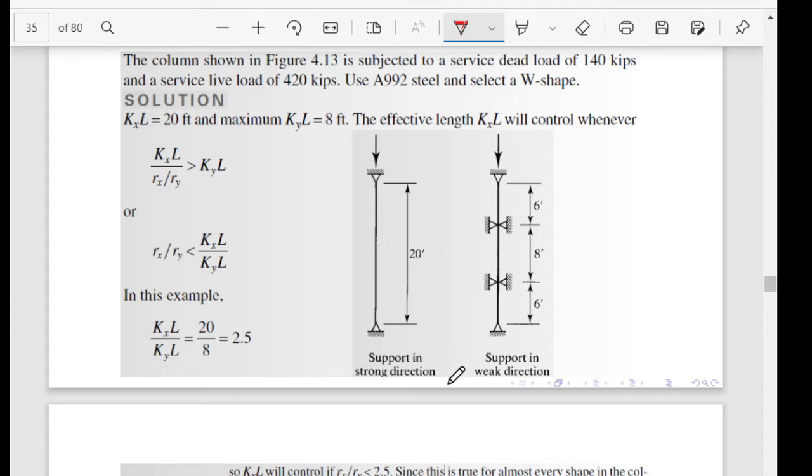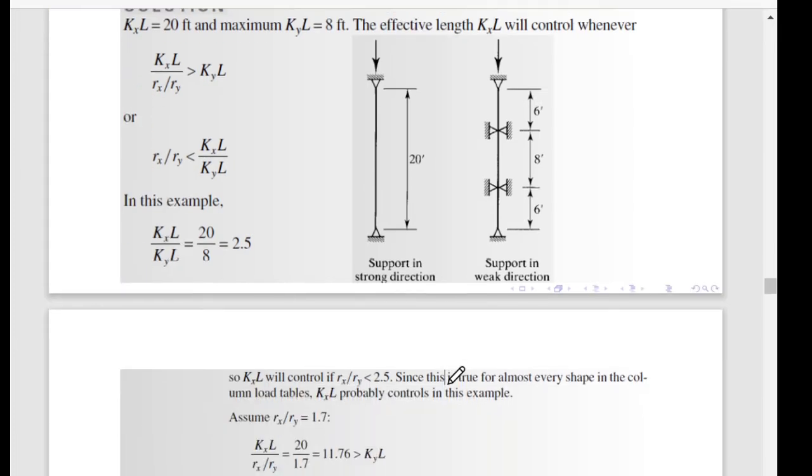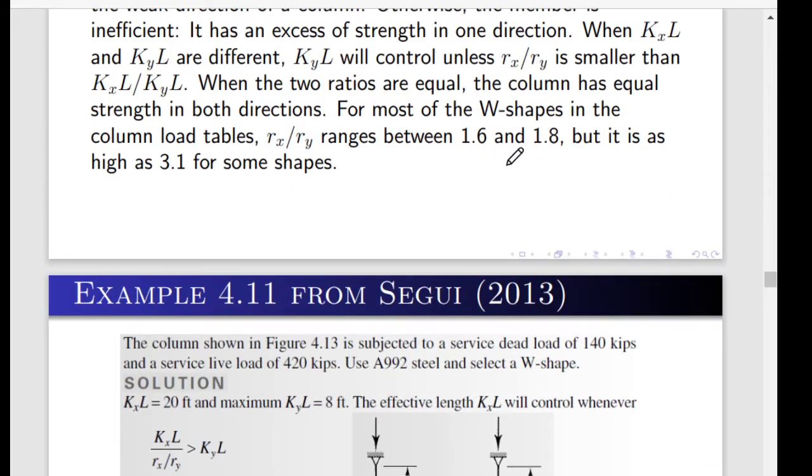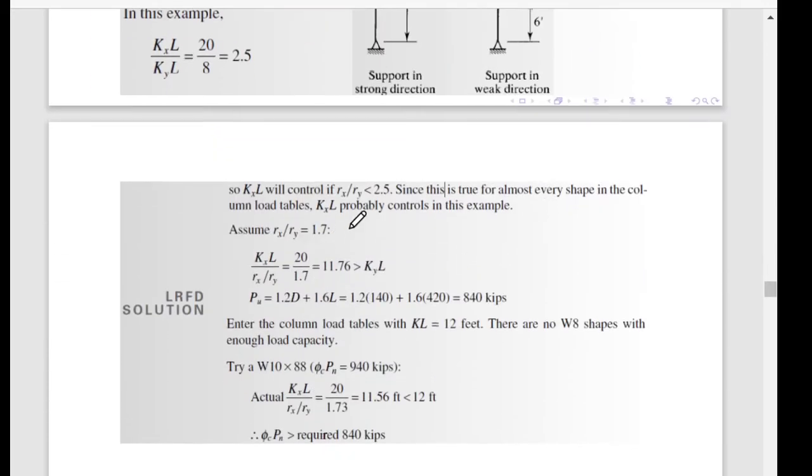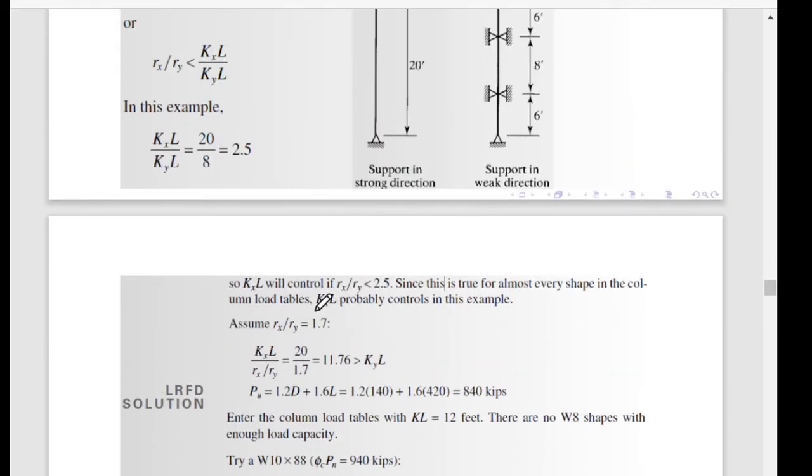Most of the time it is between 1.6 and 1.8, so we assume 1.7. So probably this KXL controls in this example, not the weak axis but this strong axis.